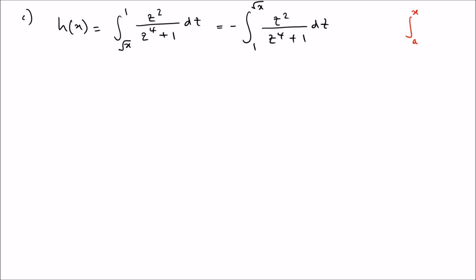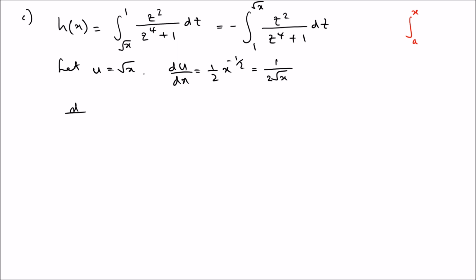Okay, so we're going to say let u equal square root x. Then we have du/dx is 1/2 x to the negative 1/2, in other words, 1 over 2 square root x. So we get that. Now we can use the chain rule.